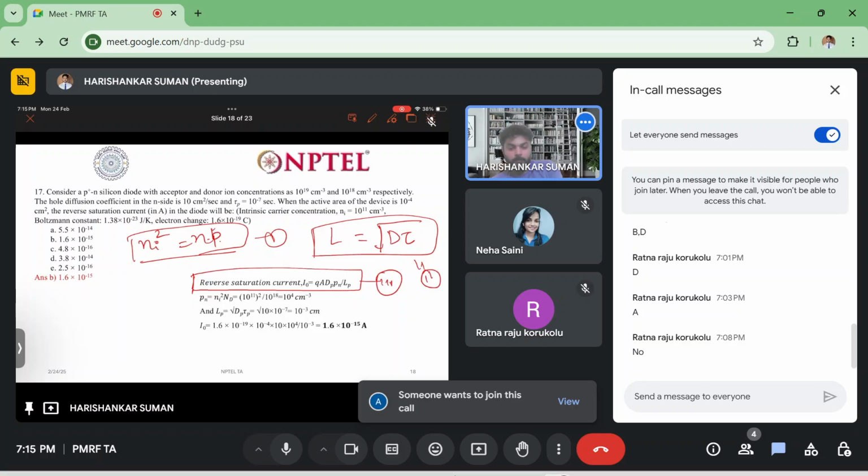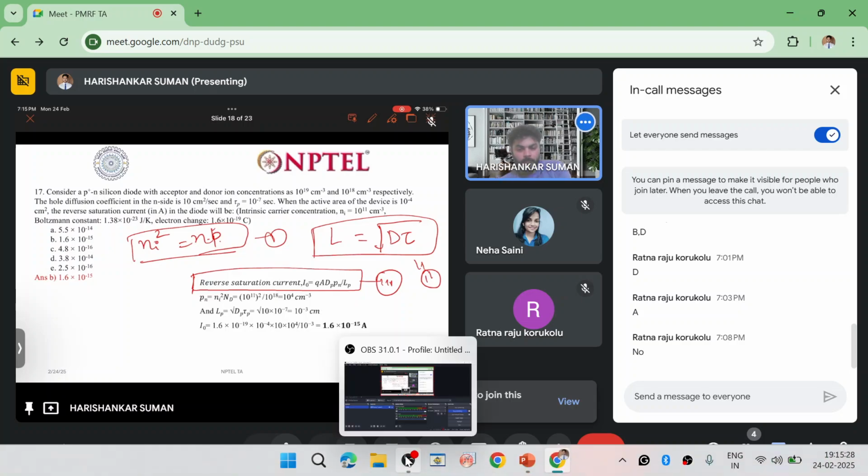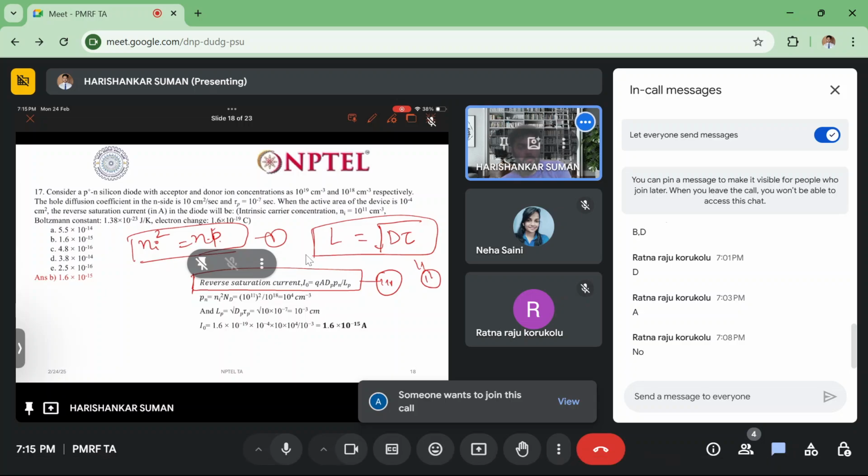Any doubt? This is misprinted here. Any doubt? If not, then we can move to the next question.